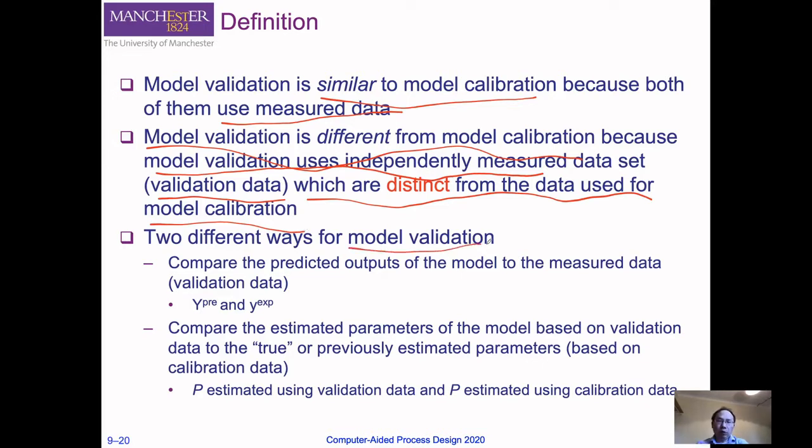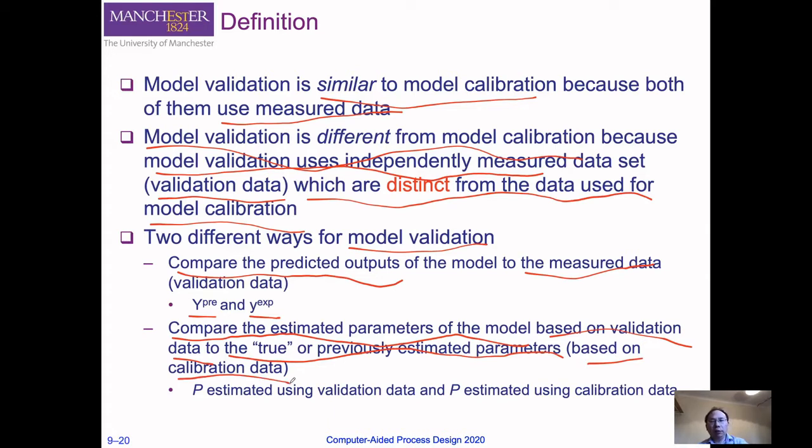In the model validation, we can compare the predicted outputs from the model with the results from the measured data. That should be y predict compared with y from the experiment. We can also compare the estimated parameters of the model based on the validation data to the estimated parameters based on the calibration data.